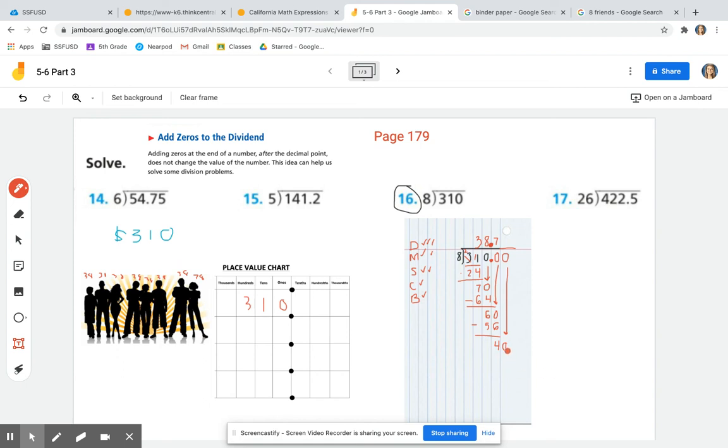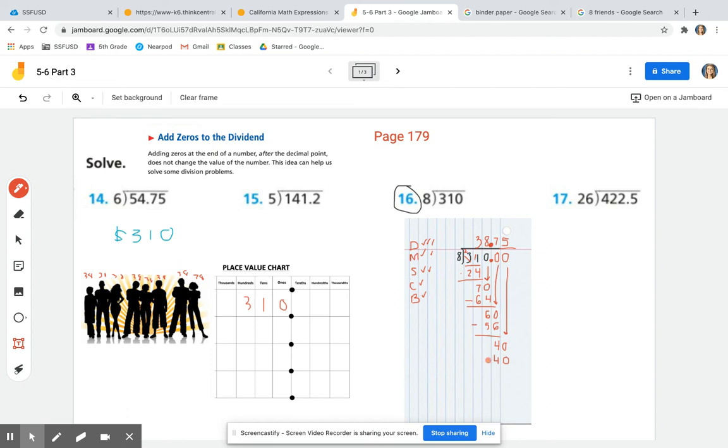Can we distribute 40 pennies among 8 friends? We can. How many times does 8 go into 40? 5 times. Where we're going to put the 5 is in the hundredth spot in our quotient. And then we're going to keep solving now. Divide, multiply. What's 5 times 8? 40.